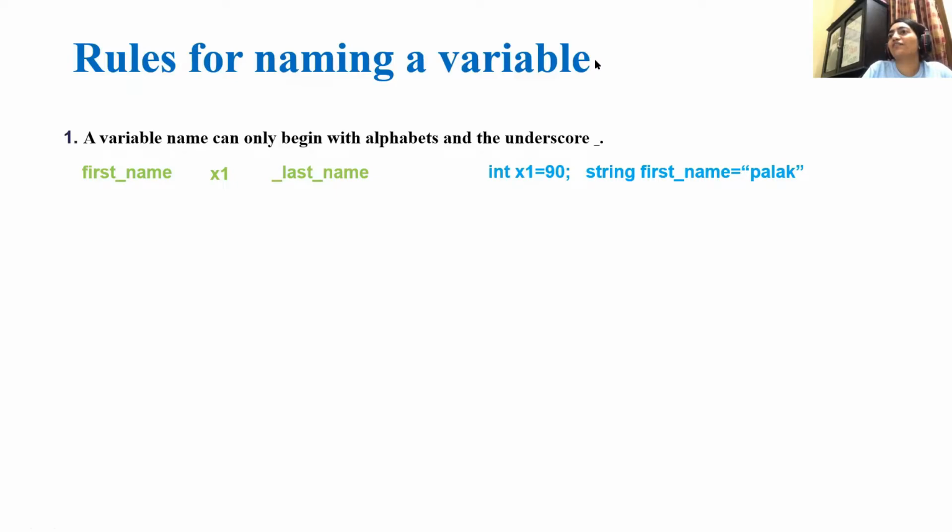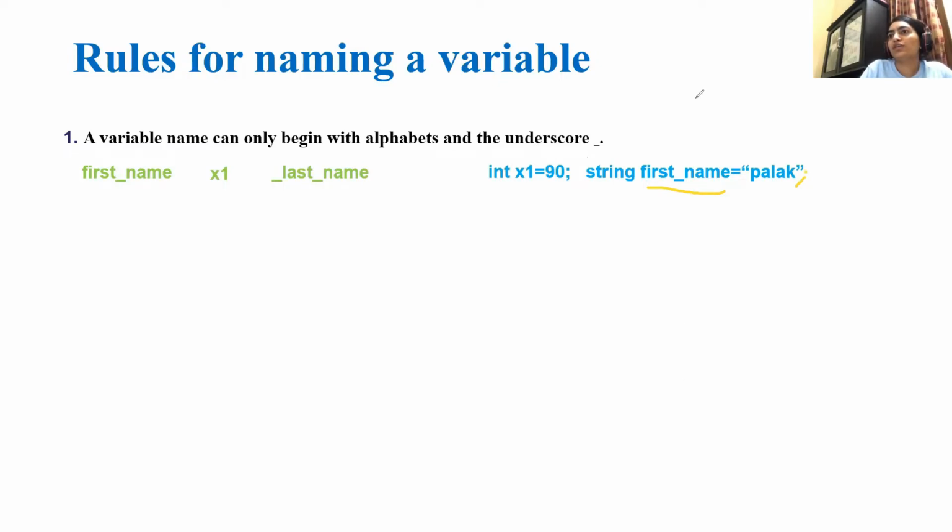Similarly, we have first name as a variable, and string is a data type, in which I have stored my name. Remember, whenever you have finished your syntax, you should put a semicolon.